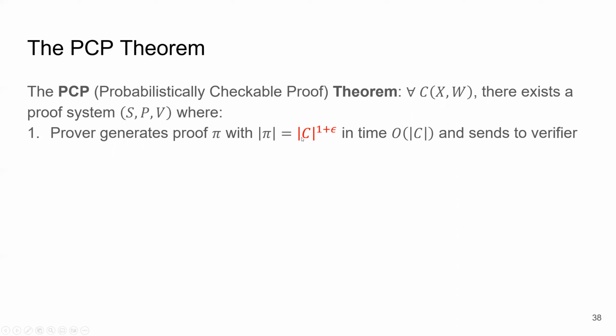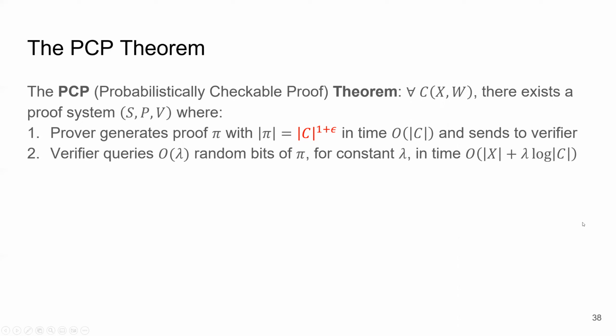So the proof size is the size of the circuit raised to some power slightly bigger than 1. The prover can generate this proof in linear time in the size of the circuit, and that prover can send that proof to the verifier.